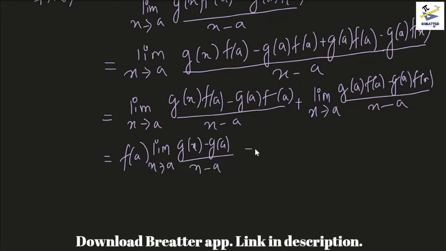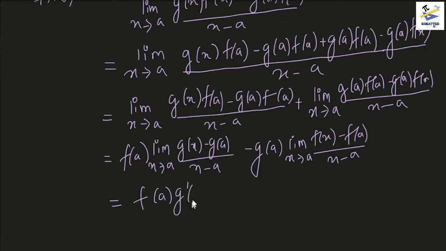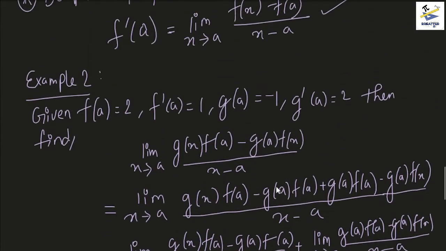Similarly, we can take minus g(a) common here, and write the limit as x tends to a of (f(x) minus f(a)) by (x minus a). Now if you remember, this was the definition of the derivative of the function at point a, right? So f(a) into g'(a) minus g(a) into f'(a). This would complete the derivative section for this one, and now it's just a matter of putting in the values.